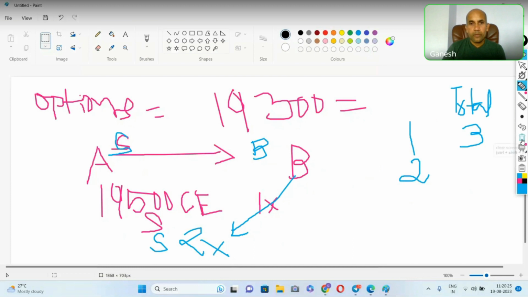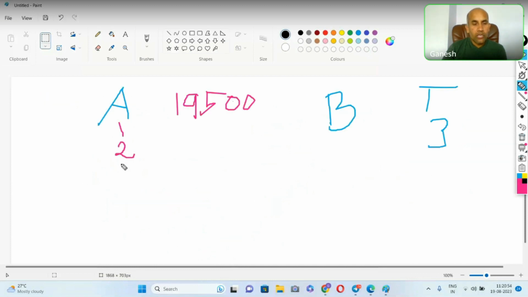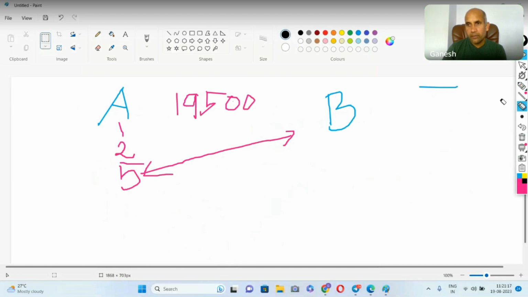Tomorrow, A again wants to sell 5 contracts to B. Again, fine. Earlier the total was 3, now he added 5, right?